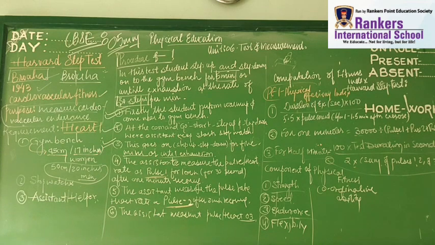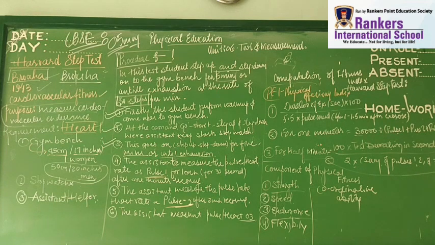That's all. Next, the question may come: what is the procedure? It is so simple. You can simply write that the person will first do warming up, then on the command "go", he or she will start step up and step down till exertion, up to 5 minutes or till exertion.